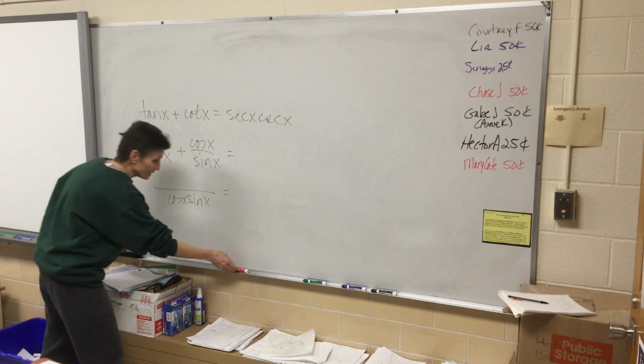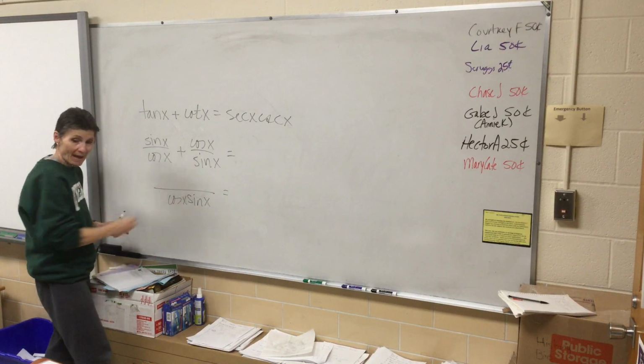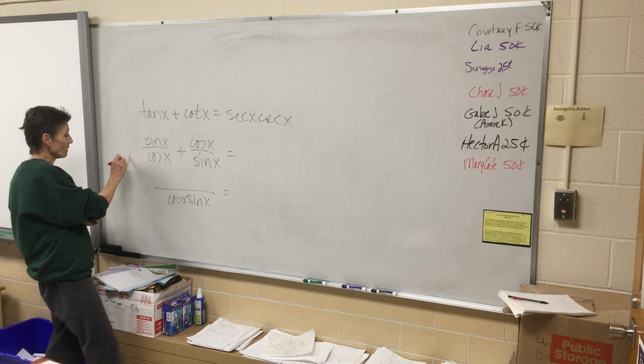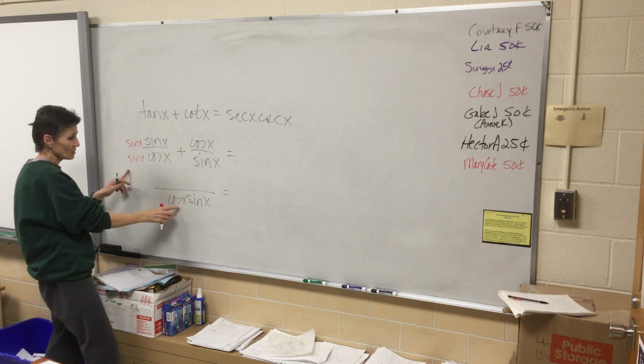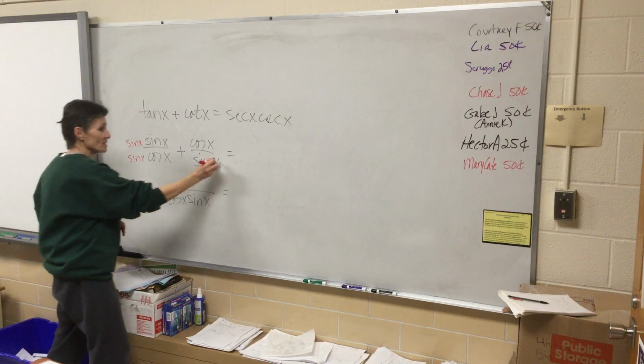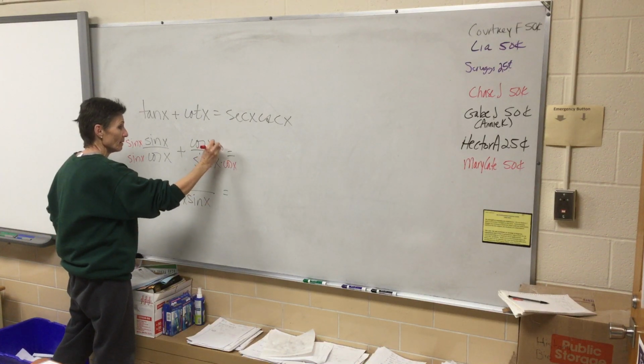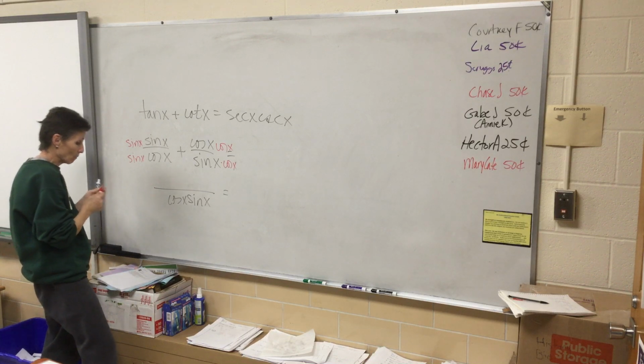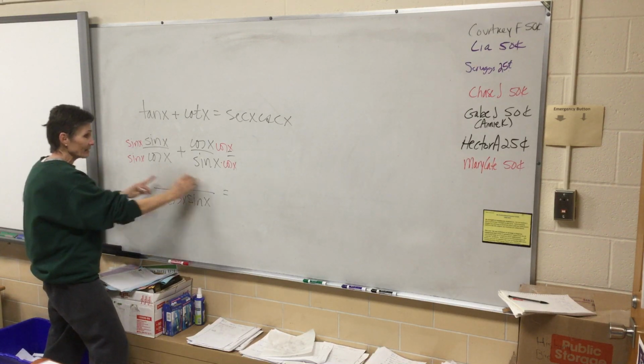So to get the denominators both to match, I'm going to have to multiply this one by sine, top and bottom. Now it matches the common denominator. This one by cosine, top and bottom. Now both denominators are exactly the same.